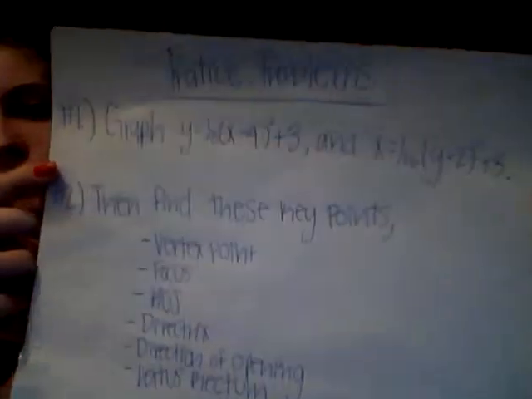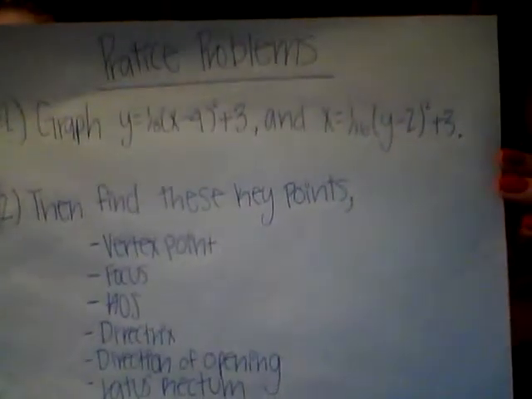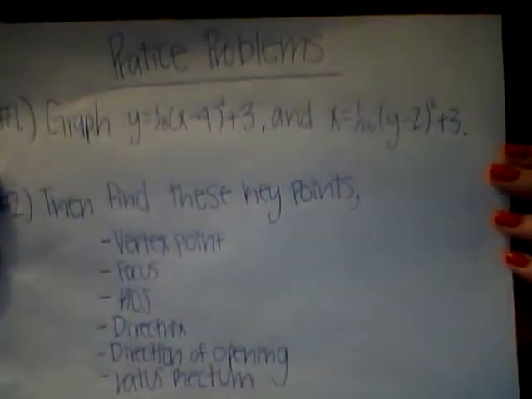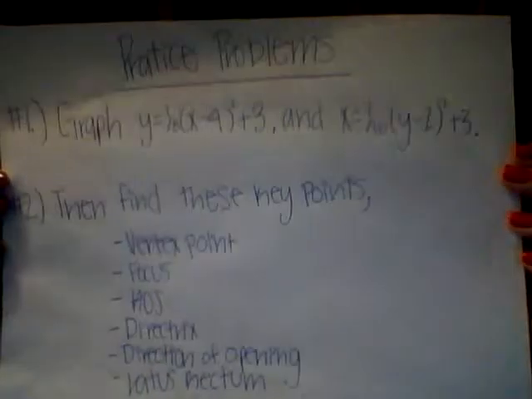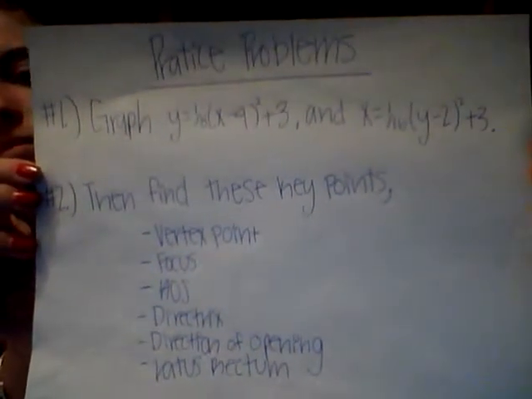Now we're going to have you do some practice problems. We would like you to graph these two equations: y equals 1/8 (x minus 4) squared plus 3, and x equals 1/16 (y minus 2) squared plus 3.